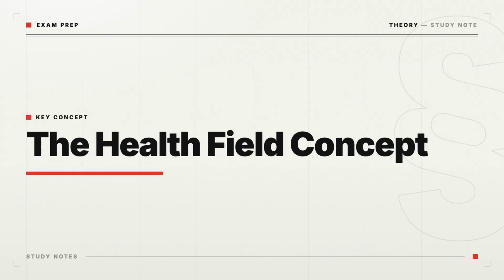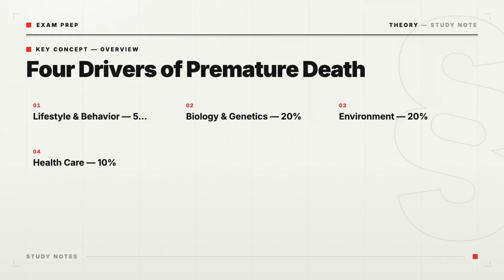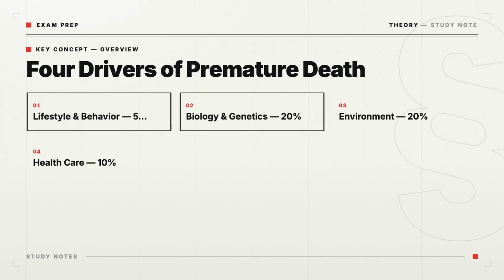4 numbers organize an enormous amount of thinking about population health. This framework, called the health field concept, came from the 1974 Lalonde Report on the Health of Canadians, and it broke a false assumption that health and healthcare were the same thing. Lifestyle and behavior contribute roughly 50% of premature death.